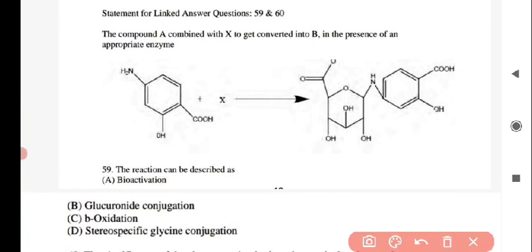Then in the next question, the statement is, compound A combined with X gets converted in the presence of an appropriate enzyme. And the question is, the reaction can be described as, the correct answer is option number B, glucuronide conjugation.